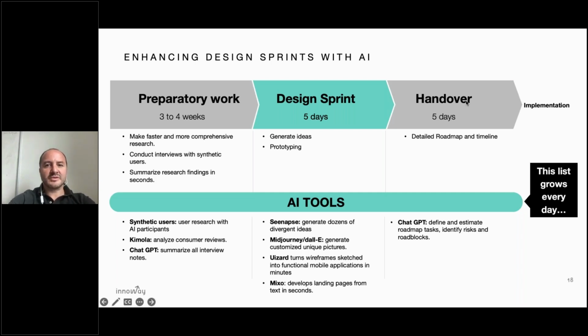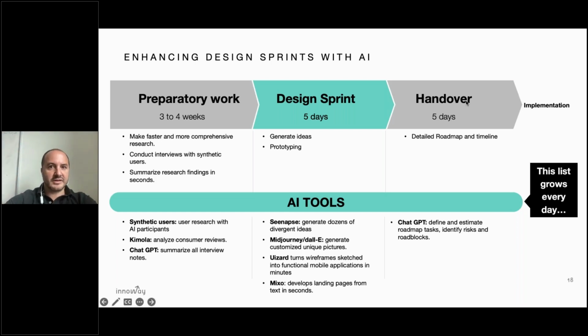During the design sprint, what is really helping to speed up the process is the prototyping with tools like Midjourney or Mixo. These tools will allow you to develop websites and landing pages in the span of seconds based on a text. That text can even come from ChatGPT if you do the right prompts.